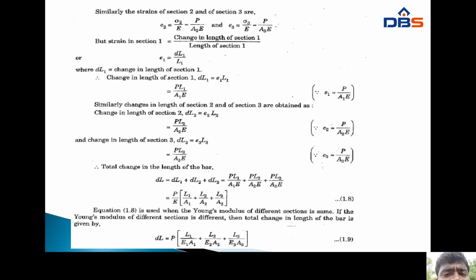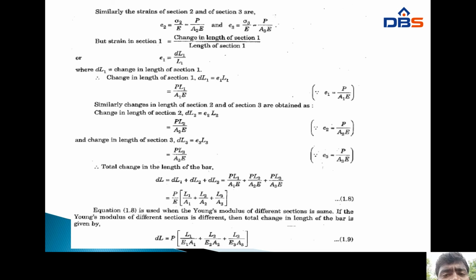Epsilon 1 equals dl1 by l1, where dl1 is the change in length of section 1. So dl1 equals epsilon 1 into l1. The epsilon 1 value calculated above, P by A1E, is substituted in this equation. So dl1 equals PL1 by A1E.